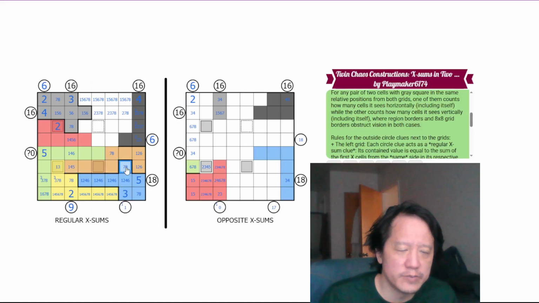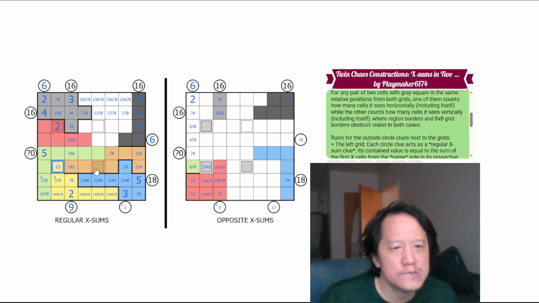This digit is the same as that. This would see 1 or 5.